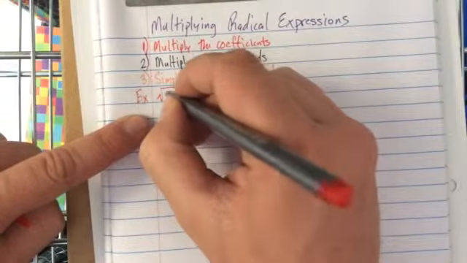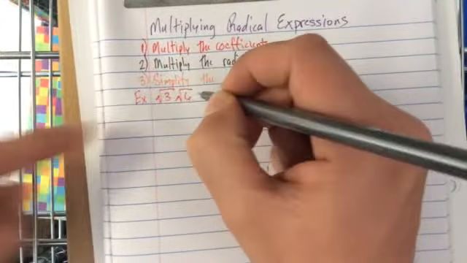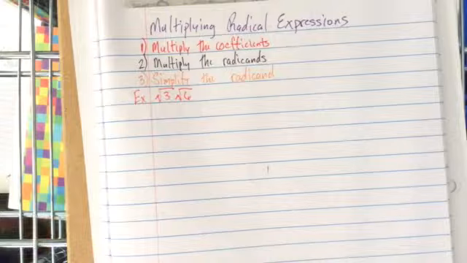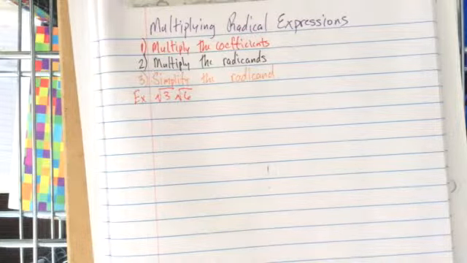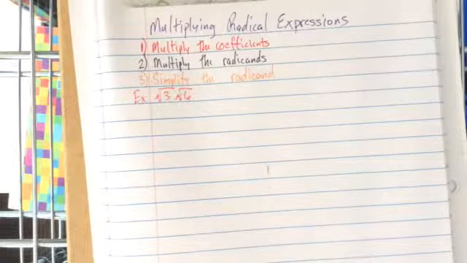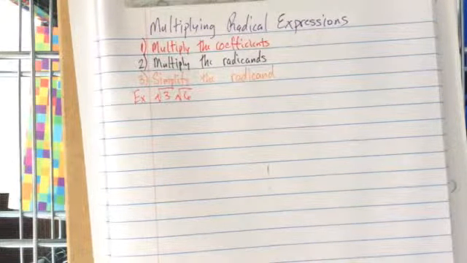Let's say we had the square root of 3 times the square root of 6. Caleb: So we have the square root of 18. How did you get there? Why did you do that?